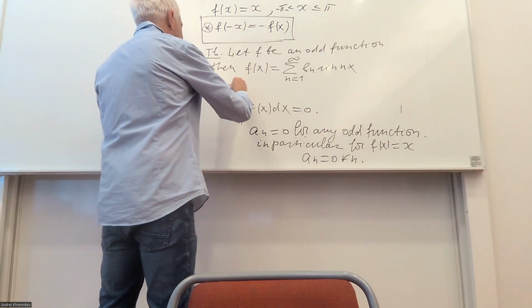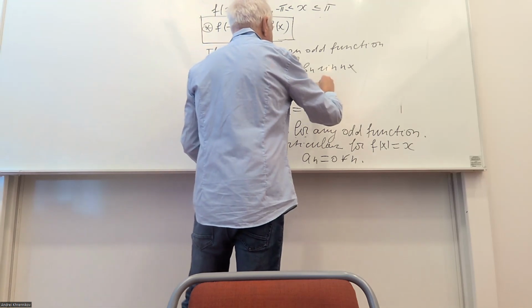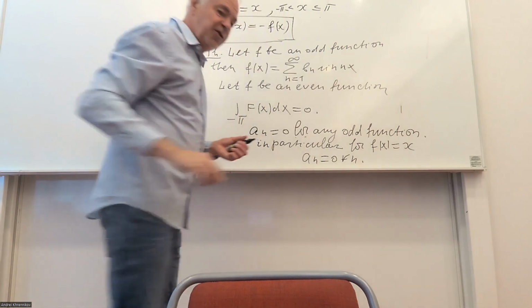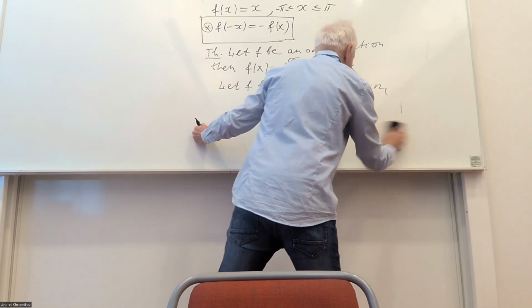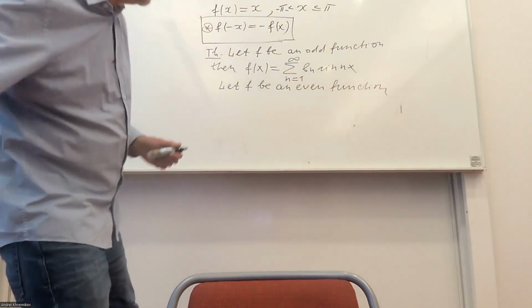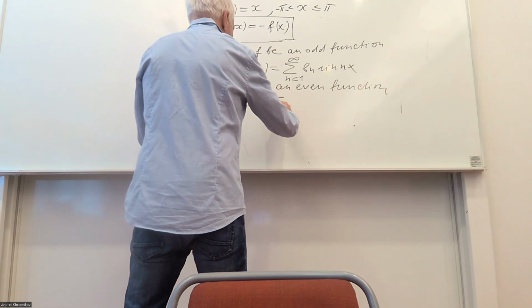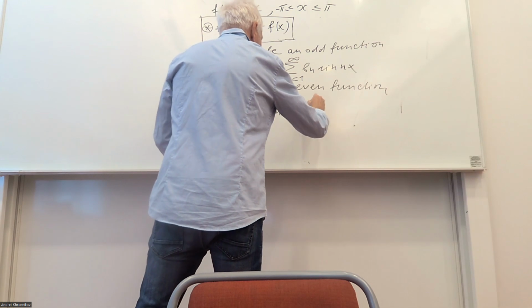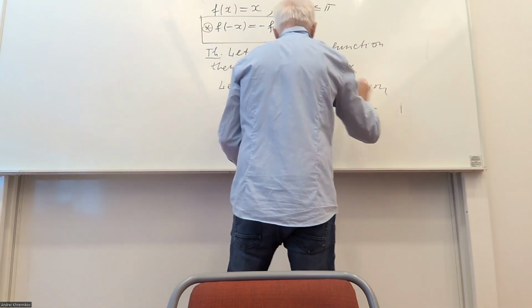Let f be an even function, then it is expanded in a Fourier series with respect to only cosinuses: an cosinus nx plus a0.